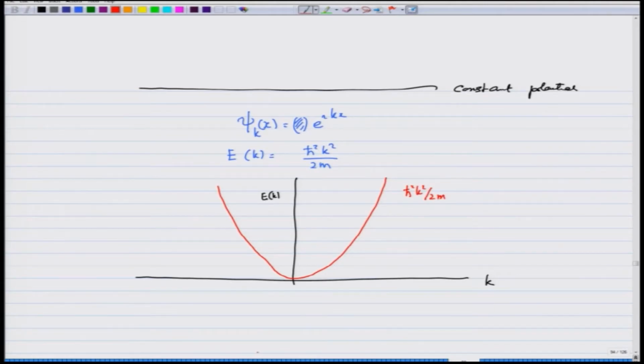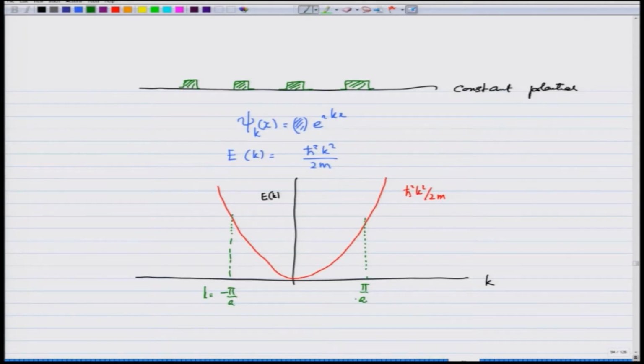If I now introduce a periodic potential, let me introduce it like bumps at regular intervals of a, the wave function takes the form of Bloch's wave function, and I can describe the energy confining myself to k between minus pi by a and pi by a.